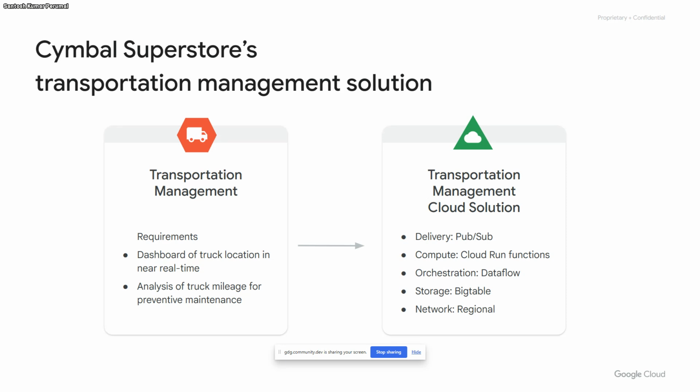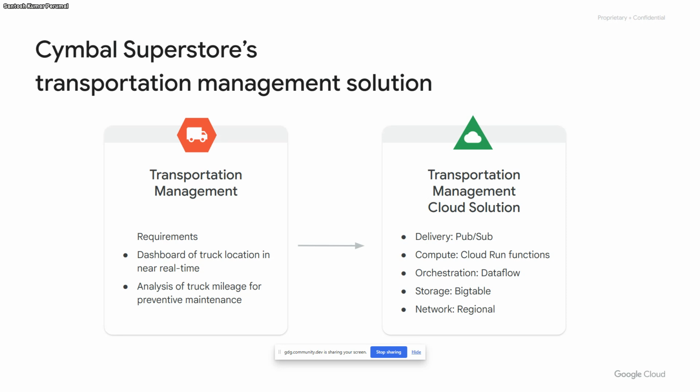But for the user, it's not a burden to take care of. No need to have a Docker file or anything. They just need to write the plain function, and Cloud Run function, earlier called Google Cloud Function, will take care of it. And for orchestration, we have Dataflow, and for storage, Bigtable.